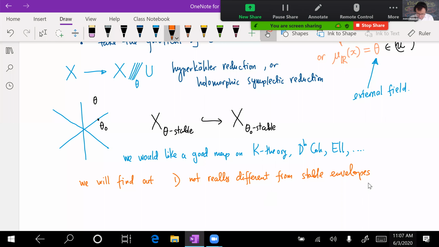These are really objects of the exact same kind, and you can reduce one problem to the other, or the other to the one. They really belong to the same universe of problems, and also it's really mirror symmetry. Part one.